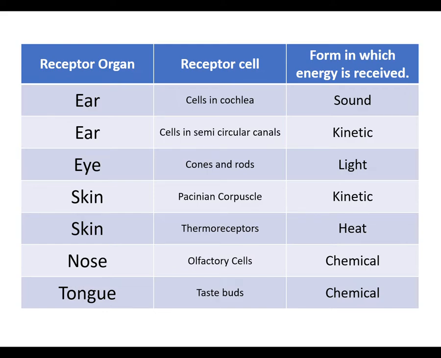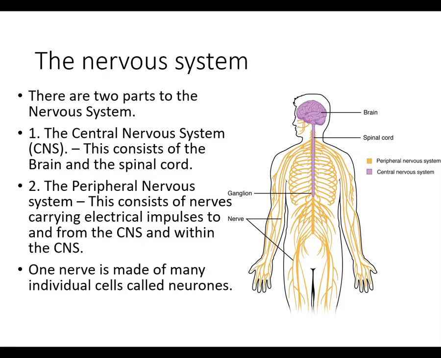Okay, so these are our receptors. They detect our stimuli. So if there's a change in the environment around you, they detect it, and they convert the energy in which they receive it into an electrical impulse. The electrical impulse then has to travel to the coordinator in the body, which is your brain and your spinal cord.